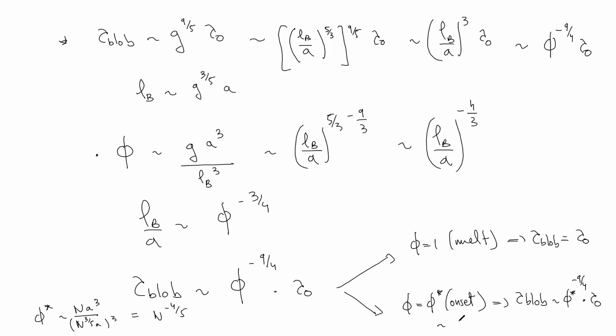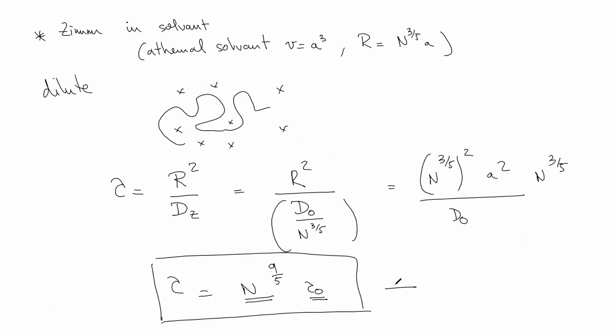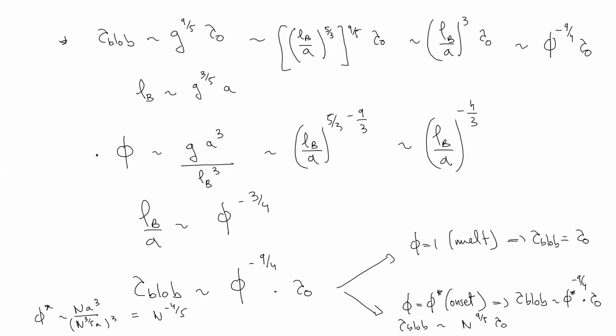So here tau blob is phi star, which is 4/5 divided by 4, so 9/5. So we recover that tau blob becomes n to the 9/5 times tau naught, which is exactly the Zimm-like result. Okay, so we are really connecting the dilute regime and the melt regime as we did for the static picture, but now in a dynamic way.